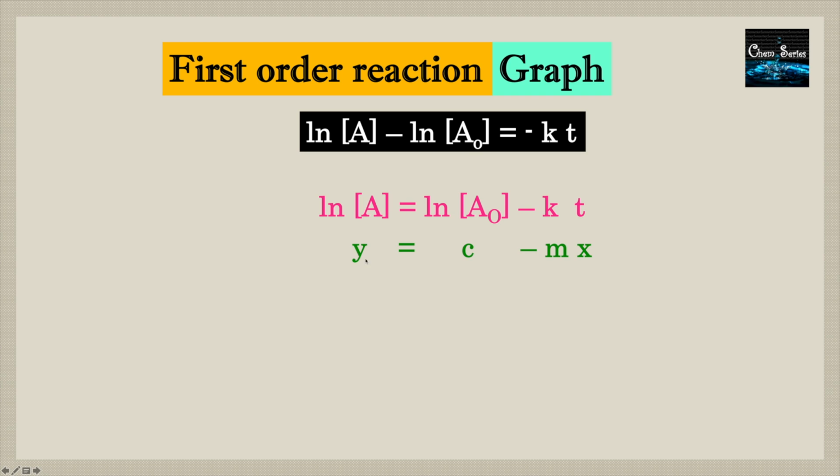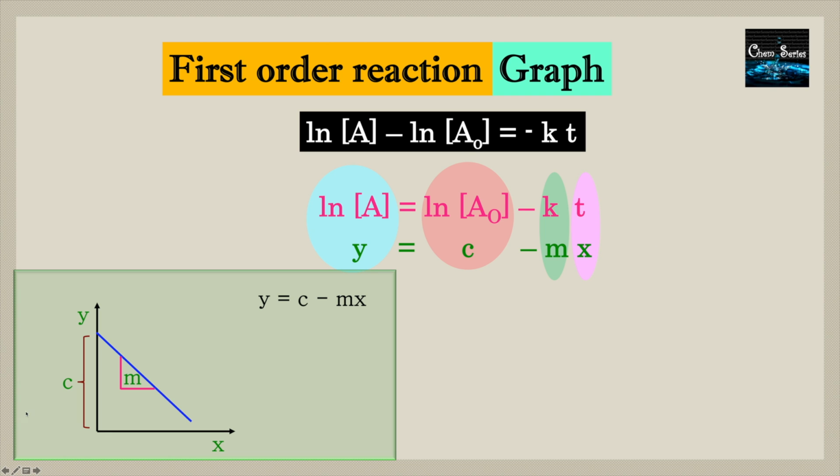Here too we have the same graph, y is equal to c minus mx, the plot we have already seen in the previous slide. Here y turns out to be ln A, the intercept will be ln A naught, the slope takes up the rate constant, and on the x-axis you have time. So your first order plot will be like this.